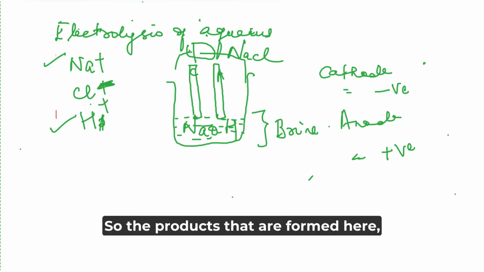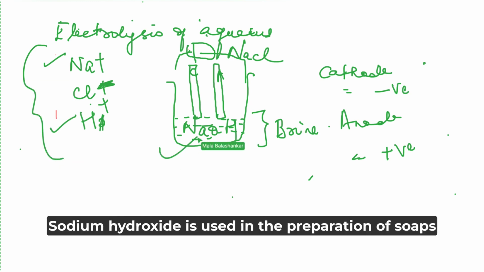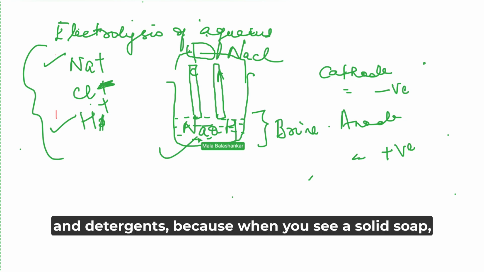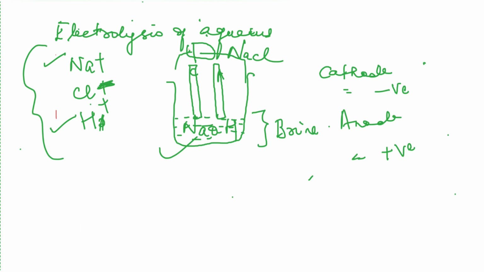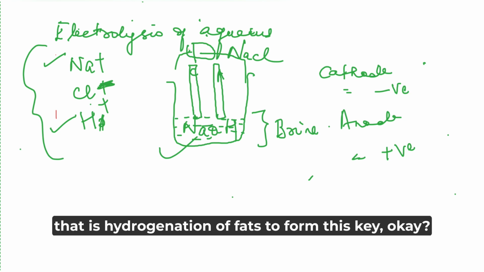So the products formed here include sodium hydroxide. Sodium hydroxide is used in the preparation of soaps and detergents, because the main content of a solid soap is sodium hydroxide. Hydrogen is used for preparing margarines, that is, hydrogenation of fats.